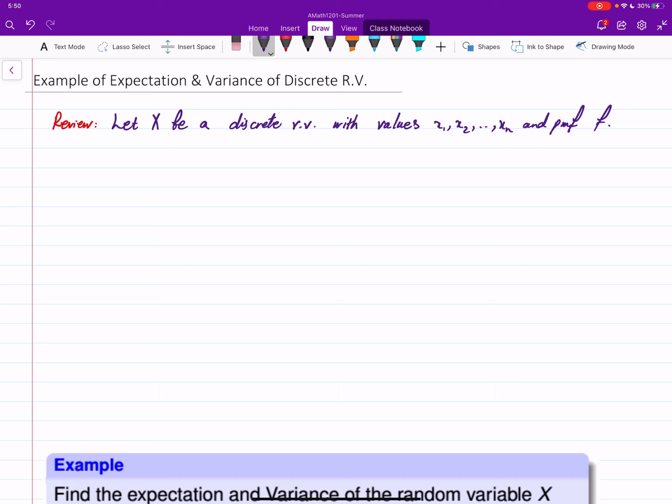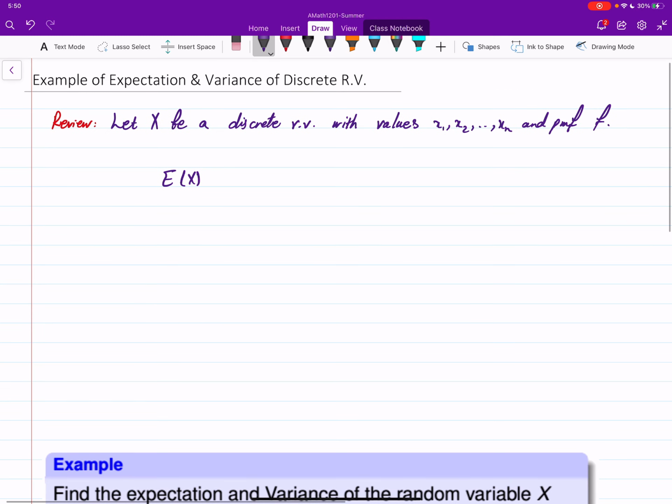Then the expectation of X, in other words the average of the values of X depending on the probability, is denoted E of X.